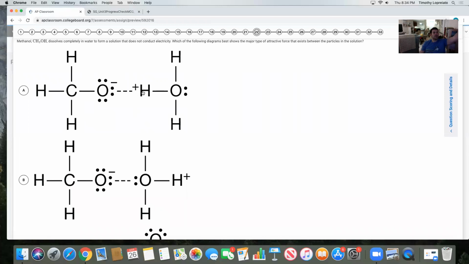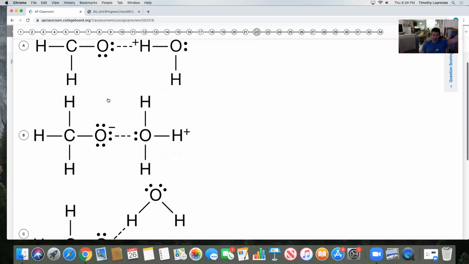Because ions would mean that we are able to conduct electricity. This would actually be an acid-base reaction where the hydrogen and the oxygen break off and join the water. Not very common. That does occur in our carboxylic acids, but in the organic molecules it doesn't often happen in the alcohols. So it's not choice A.